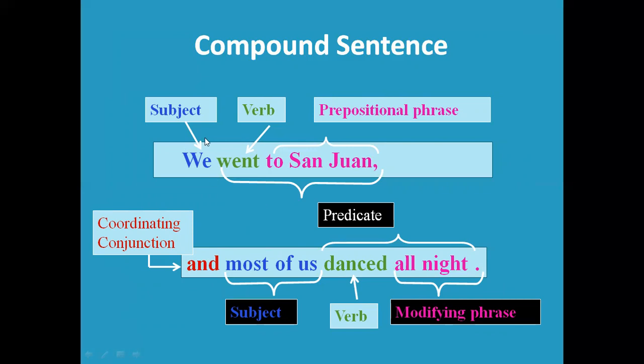Why? Because this conjunction links these two sentences. That's why it is a compound sentence. We is the subject and went to San Juan the predicate. Most of us is the subject and danced all night the predicate.